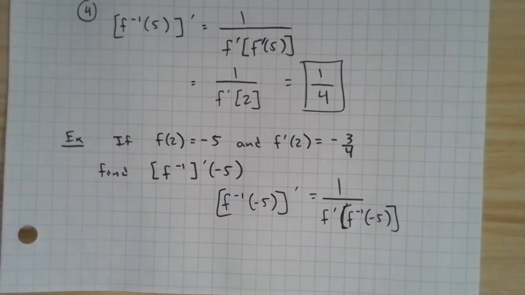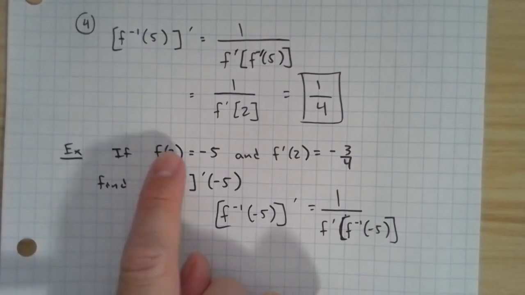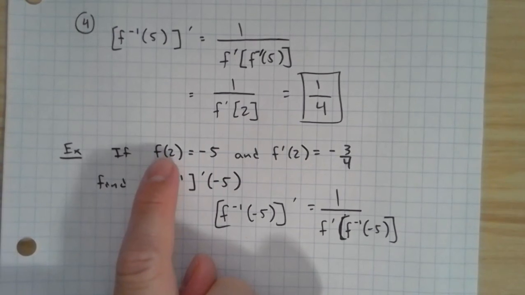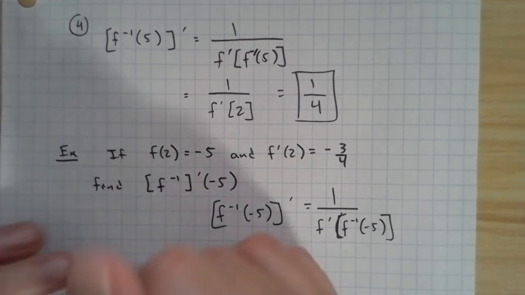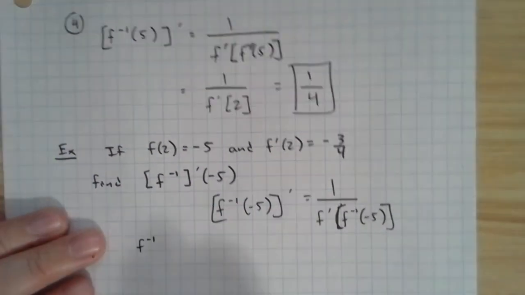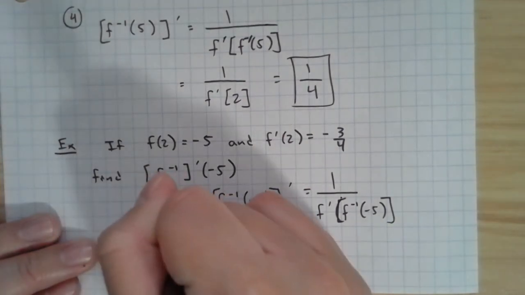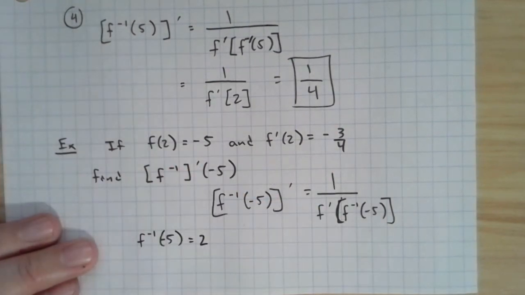That's correct, yes. Sorry, just double checking I wrote the formula down correctly. So then, what is f inverse of -5? The first thing I have to do here is find it. I'm given f of 2 is -5. So remember, this is the function of f: there's the x, there's the y value. In f inverse of x, you have to switch the x and the y. You switch the domain and the range. So f inverse of -5 is equal to 2.